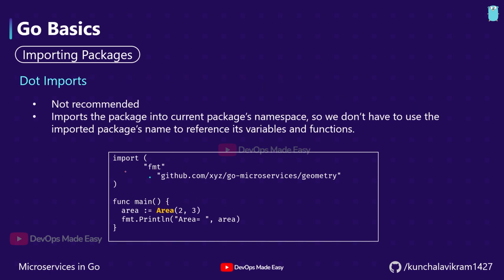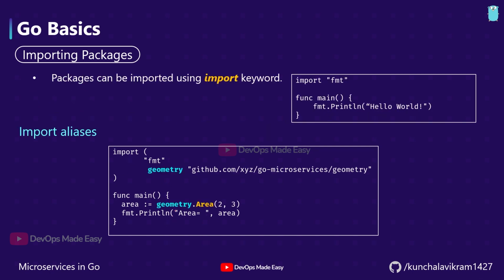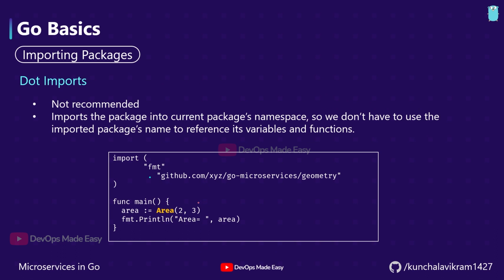And now let's say that you don't want to use this geometry key, so you want to directly use area. What you can do is use the dot operator. What this dot operator does is bring the complete package into the current namespace of main.go. That means any function or variable created inside that package can be directly referenced with this name.